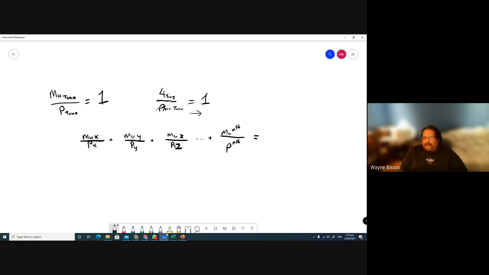The entire ratio needs to add up to 1. That means that for every item that we put into our basket of goods, we are equating the price we've paid for it with the amount of satisfaction that we've derived from each item. That's why I said this here might represent tuna. This here might represent rice. This might represent chicken.